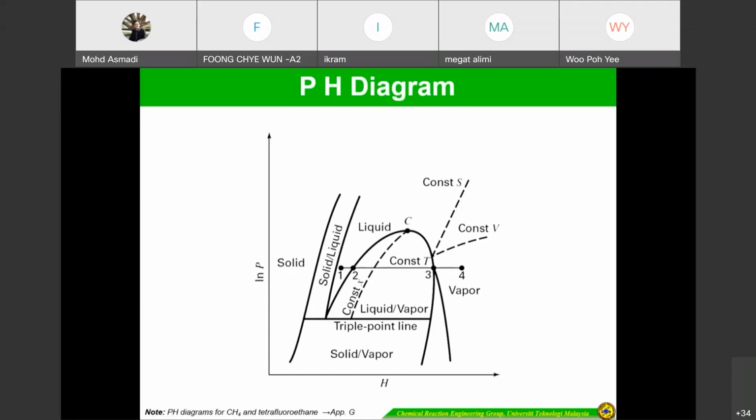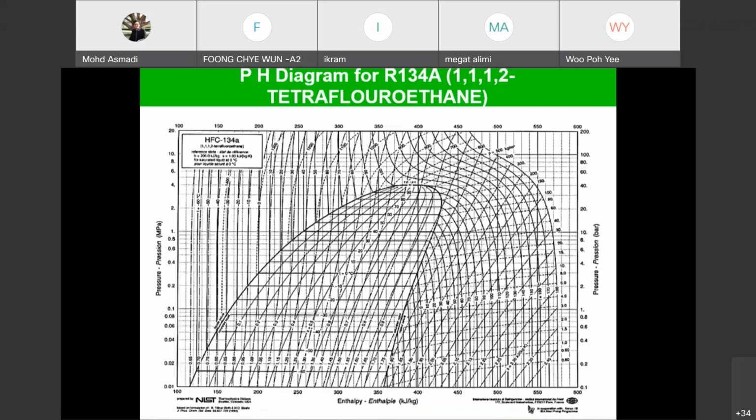If you know the pressure, just make a horizontal and vertical line so you can get the enthalpy in kilojoule per kilogram. This is, I think, for new books. Mine is in US units, BTU per pound mass, and the pressure is in psia.